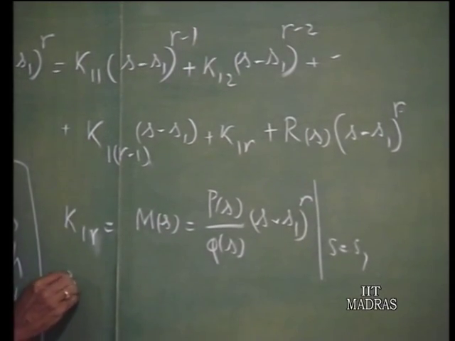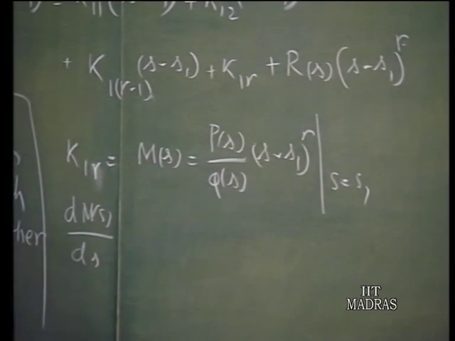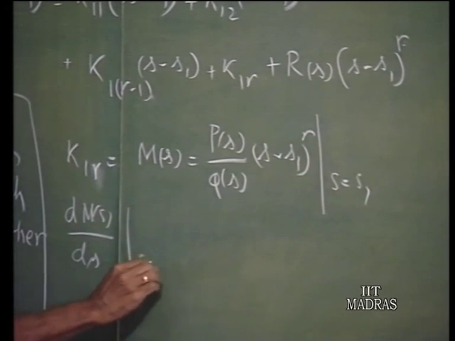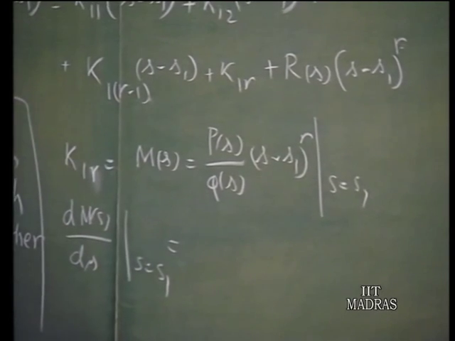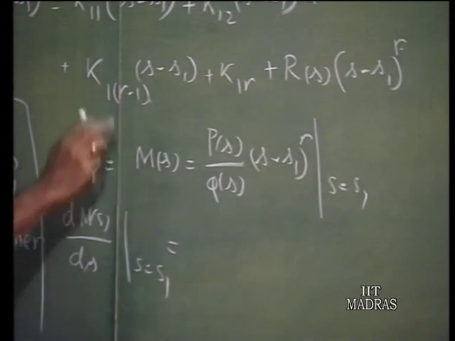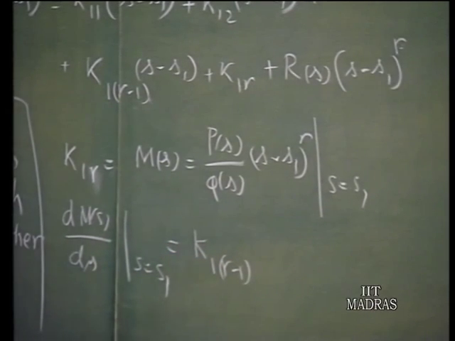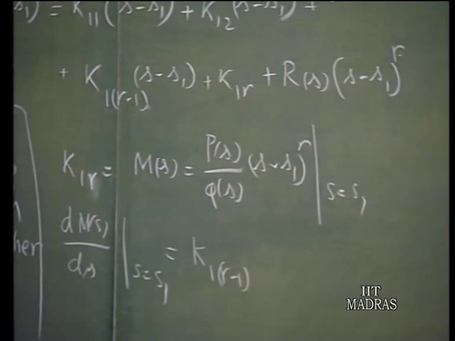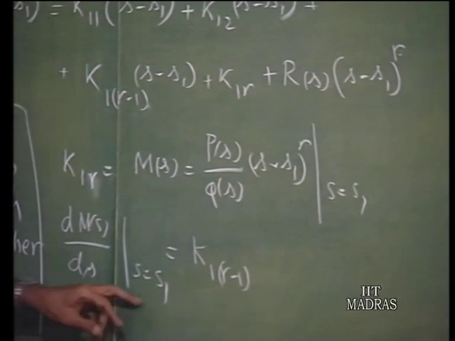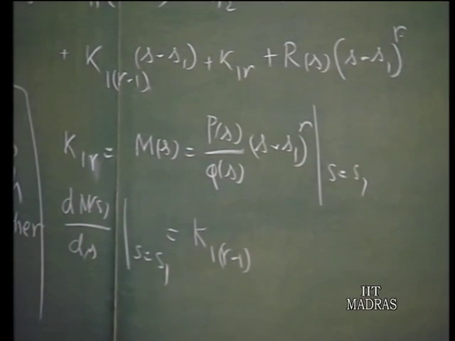So, when you have dM(s)/ds and substitute s is equal to s1, then the only term that remains is k1(r minus 1), because k1r disappears, all the other terms have a factor (s minus s1). Therefore, when you substitute s is equal to s1, that remains, that is k1(r minus 1).